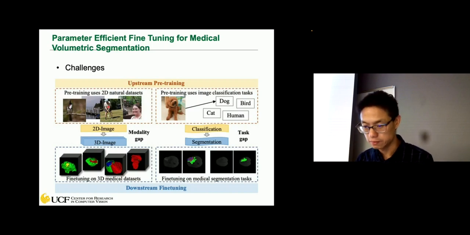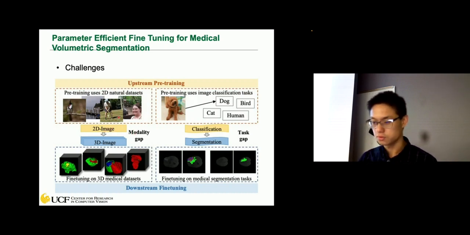These are natural images. But in our case, we have medical images, and they are volumetric data, not 2D images. So there's a modality gap. The pre-trained model is for 2D natural images, but for the downstream data, we have these medical 3D images.